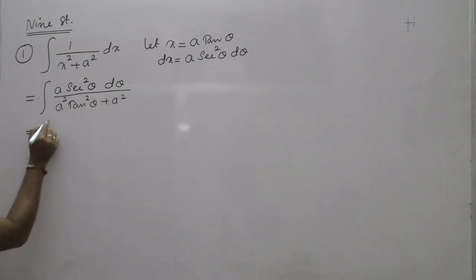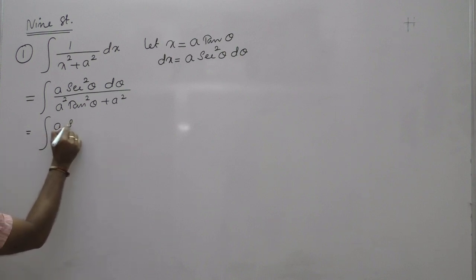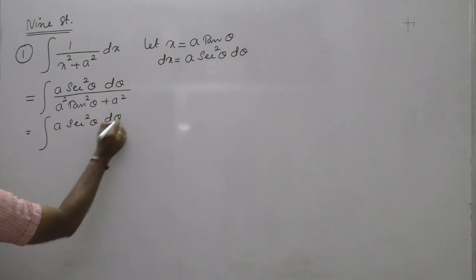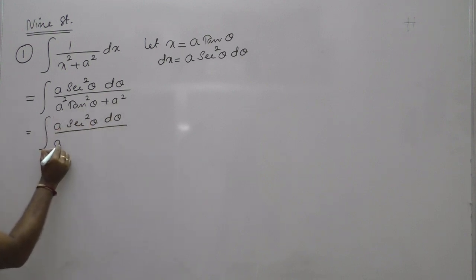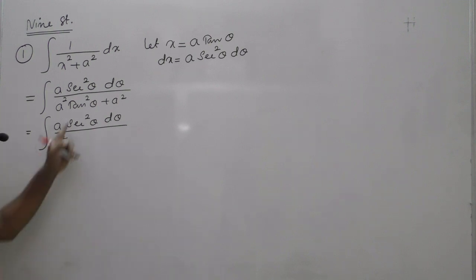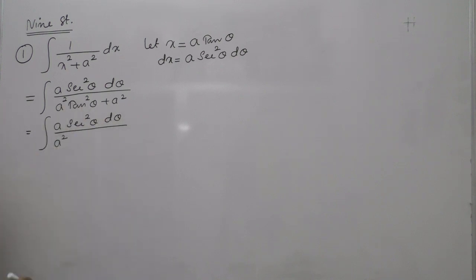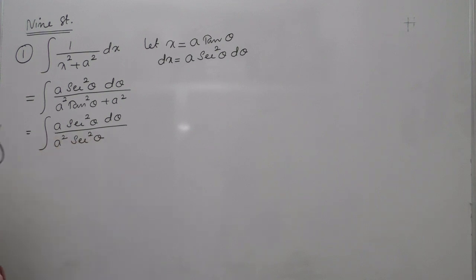This implies integral of a secant square theta d theta divided by, I can take a square common, I will have tan square theta plus 1. What is tan square theta plus 1? It is secant square theta.